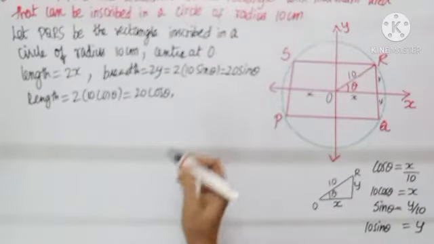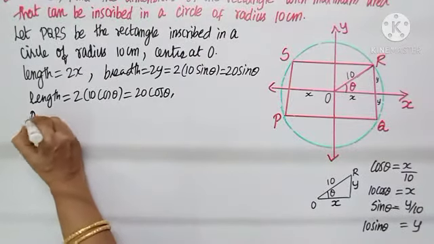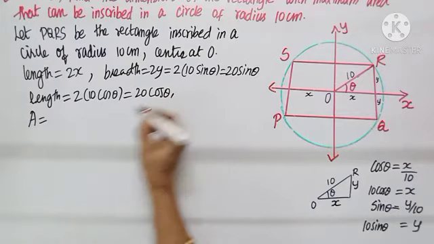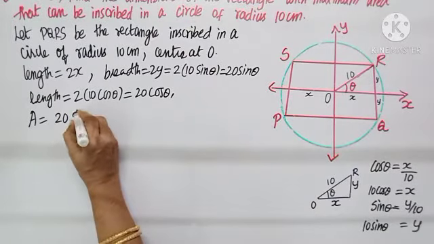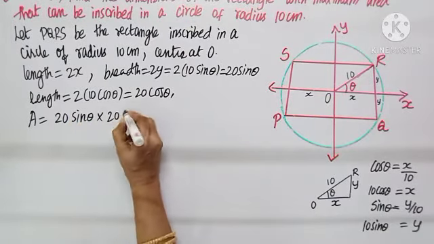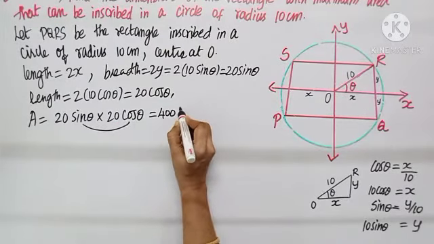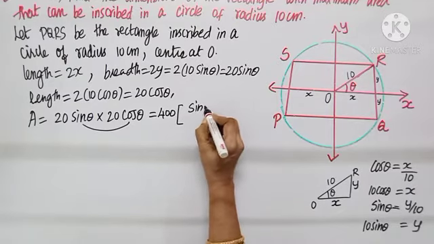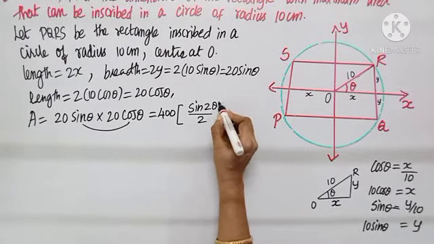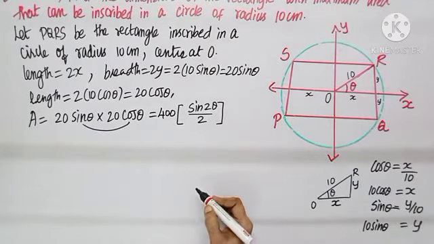As I know the length and breadth, and my question is about area, which is length into breadth: 20 sin theta into 20 cos theta. 20 into 20, 400. Sin into cos, we rewrite as sin 2 theta by 2.